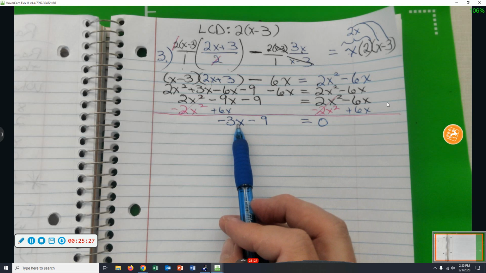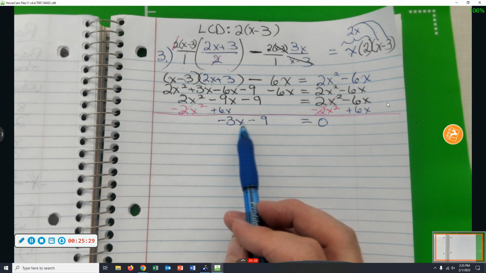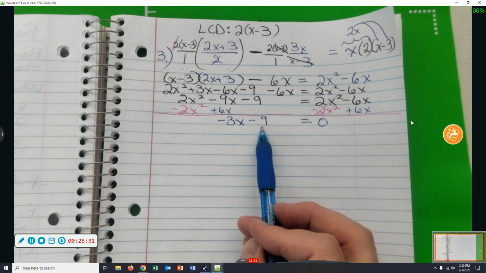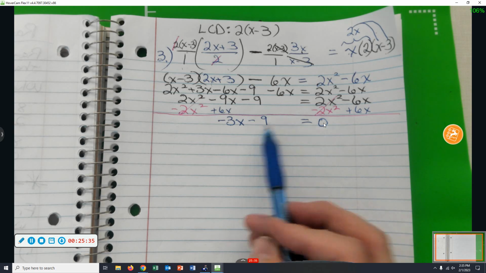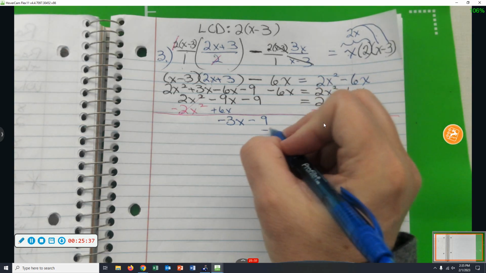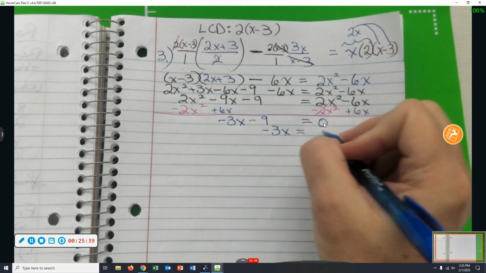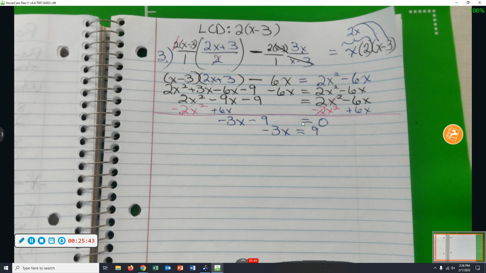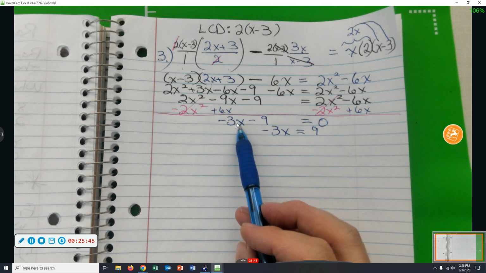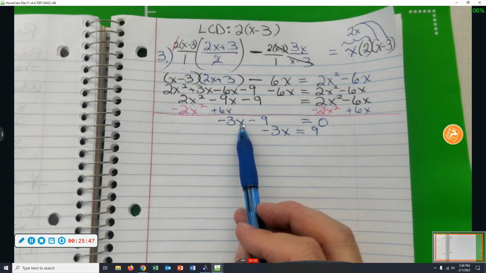We need to solve for x. This is linear. We're trying to isolate x. So what am I going to do with this constant term? Add 9. That'll give me a negative 3x is equal to a positive 9. Wait, why are we adding 9? How do you solve a linear equation? You isolate the variable.